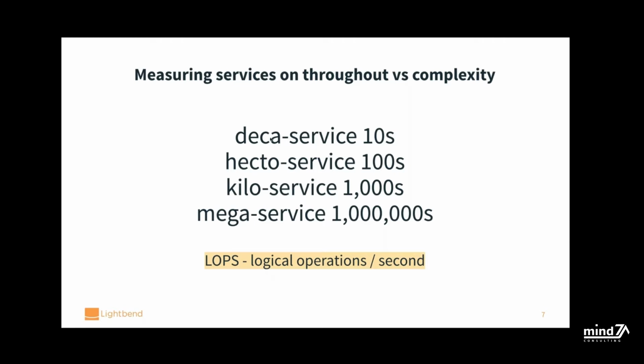So just playing with it, a Deca is a service that does tens of logical operations per second, hecto hundreds, kilo thousands, which is pretty much at the high end these days. But then mega, we're hearing more and more about people building systems that are processing massive amounts of data very, very quickly.